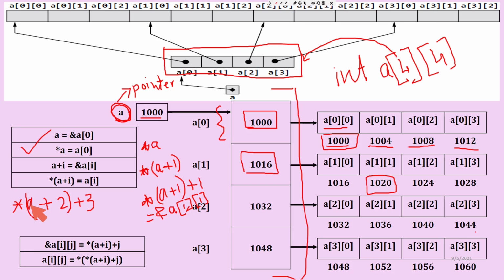Okay. What is A plus 2? 1000 to 4, sir. 1024.